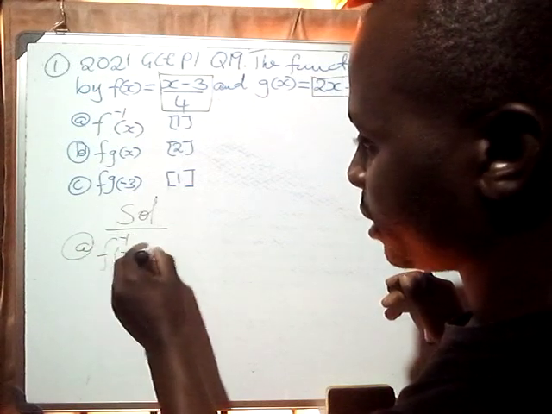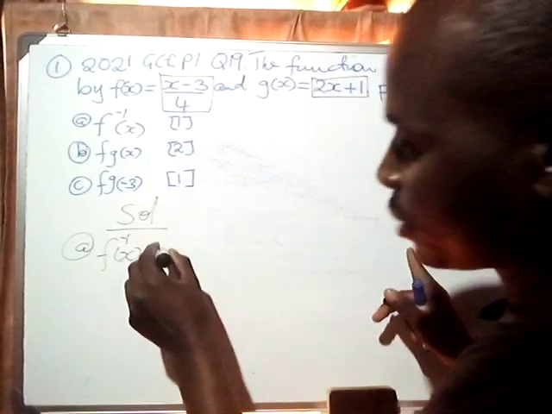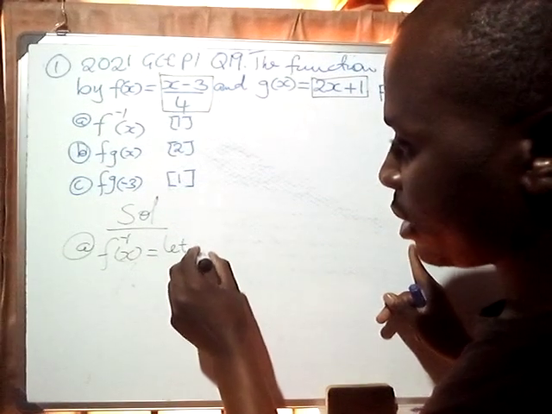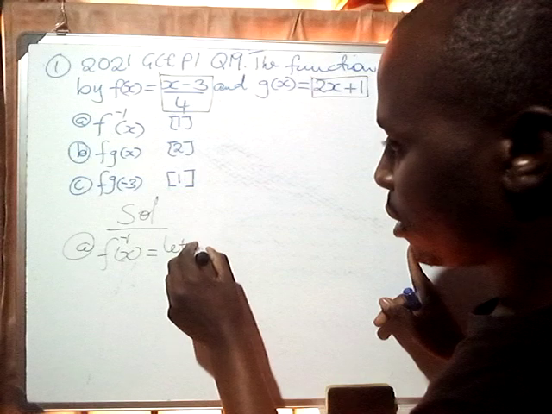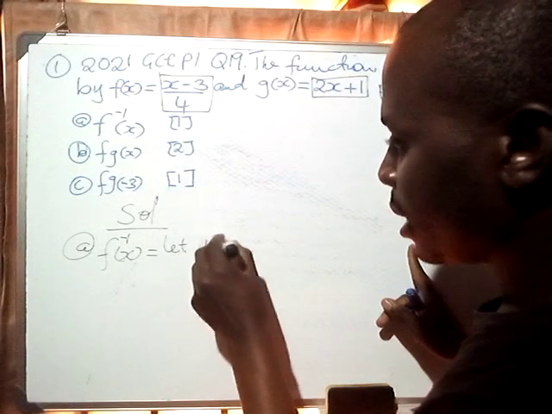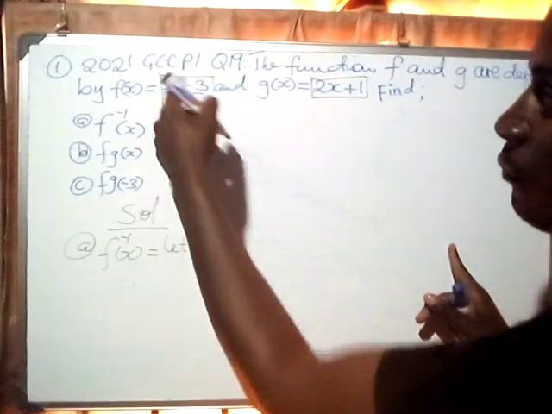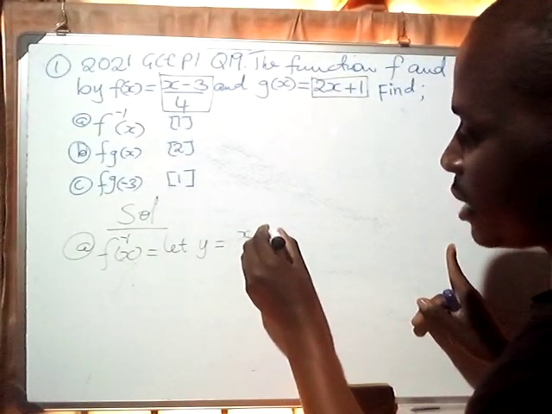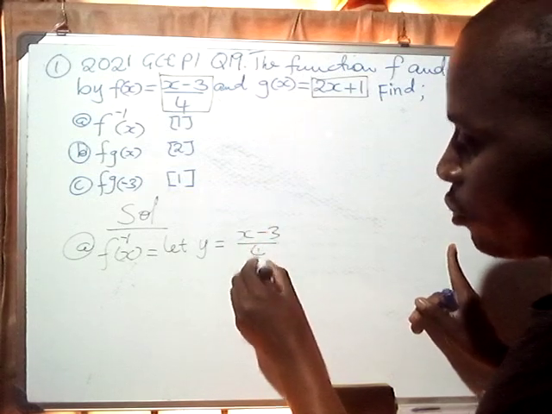of x is equal to, now we are finding the f inverse. We are going to let y be the function of f, meaning y will be equal to (x minus 3) over 4.